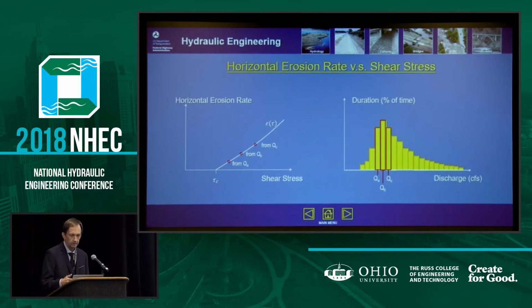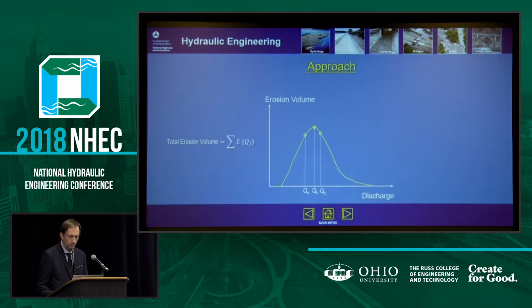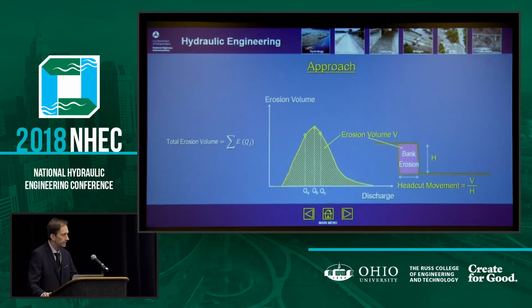So we again multiply the duration with the erosion rates for several discharges, and ultimately we get the erosion volume distribution. In this case, we take the entire volume, because that's the material which eroded during that time period. With this simple equation, since we know the height because we assume the geometry didn't change, we can back calculate the head cut movement.